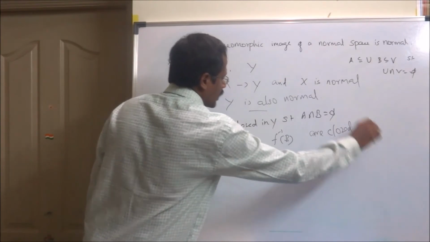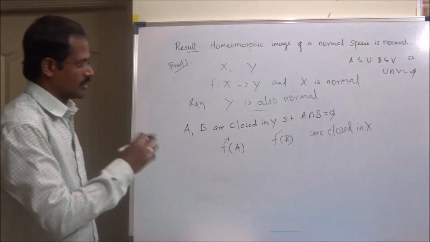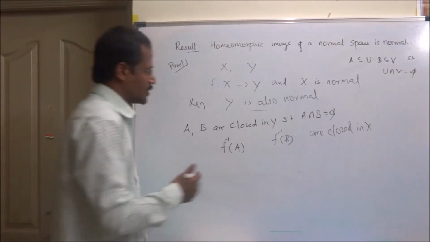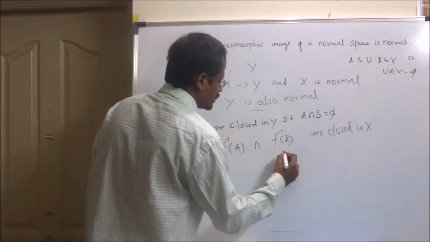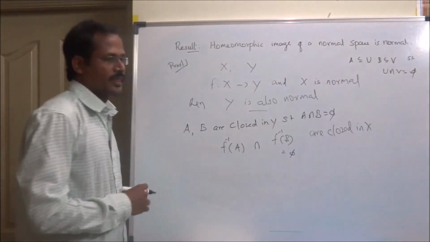Closed in X. Okay, they are closed sets in X. And also they are disjoint. Their intersection is empty. Why?